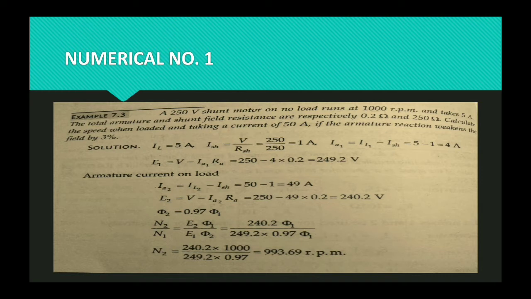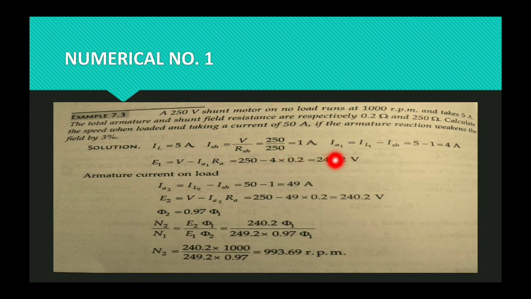So the solution is here. You can see here, IL, the load current in the first condition, is 5 ampere. We know that ISH equals VSH by RSH, and in case of a shunt motor, VSH is equal to the terminal supply voltage V. So ISH equals V by RSH, that is 250 by 250, equals 1 ampere.